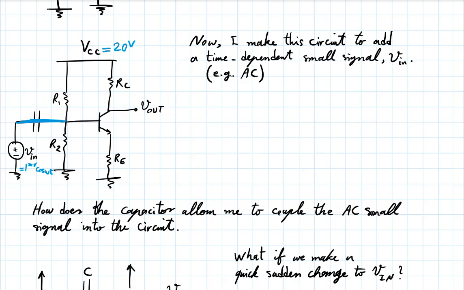At base. I'm directly imposing that. It's no longer what it would be if I had disconnected this part of the circuit using this capacitor. Does that make sense? Have to get used to it.